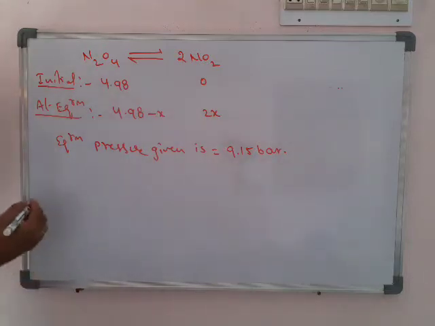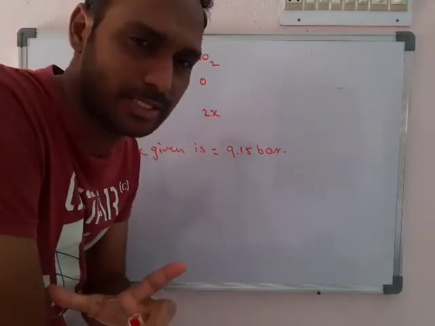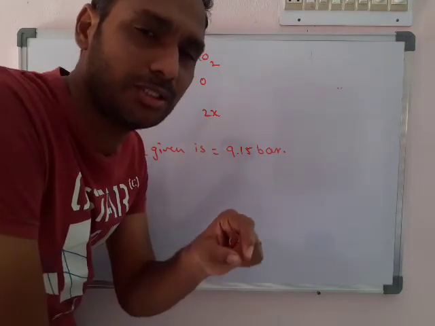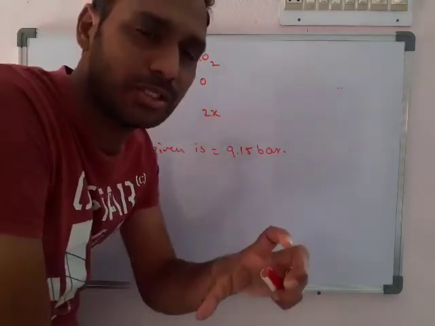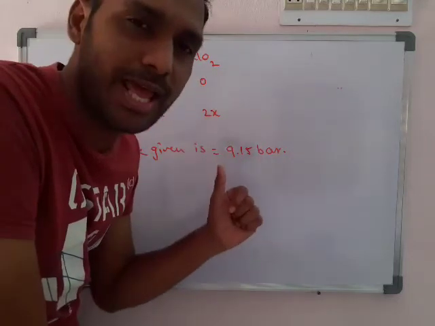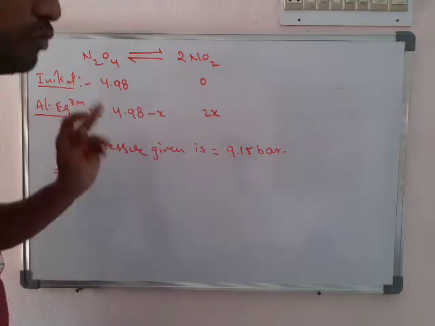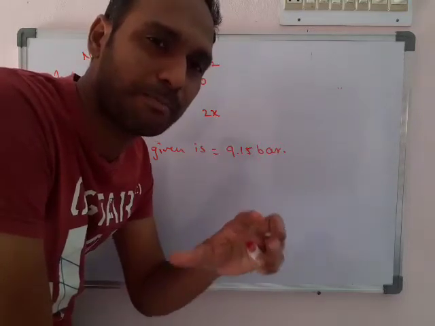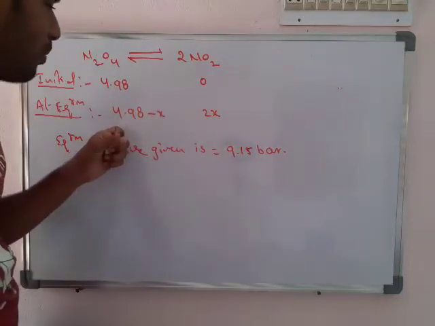So now, with the help of this, we can write the individual partial pressures. In the reaction mixture at equilibrium, two compounds are present, separately exerting pressures: NO2 exerts 2x bar, and N2O4 exerts 4.98 minus x.